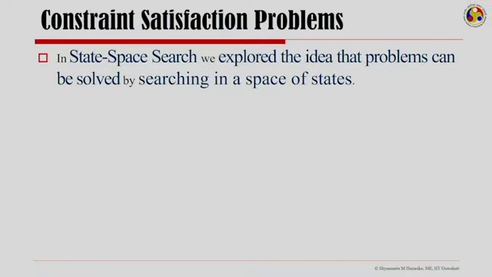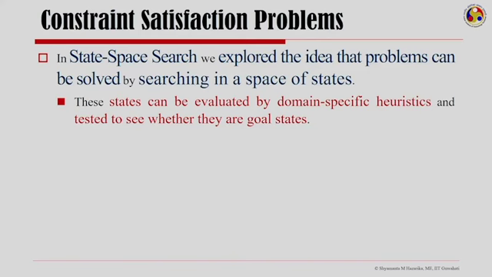While we were doing state space search, we explored the idea that problems can be solved by searching in a space of states. In such a situation, these states can be evaluated by domain specific heuristics, and we tested to see whether they are goal states or not.